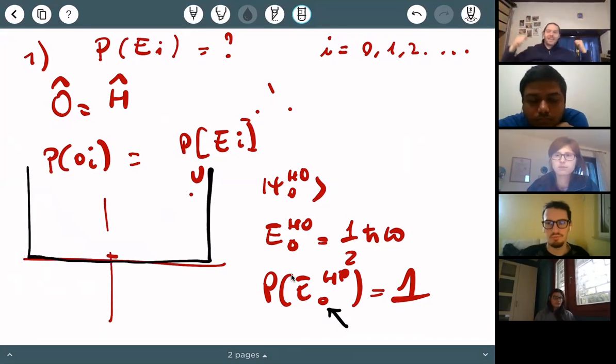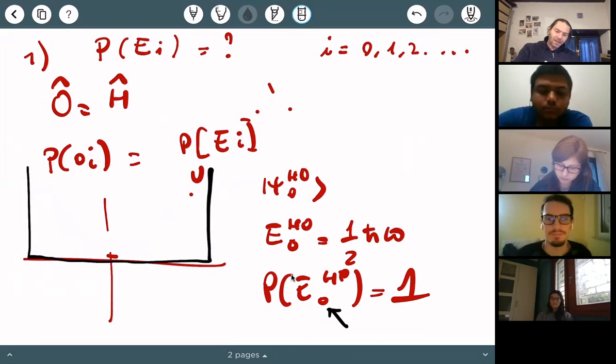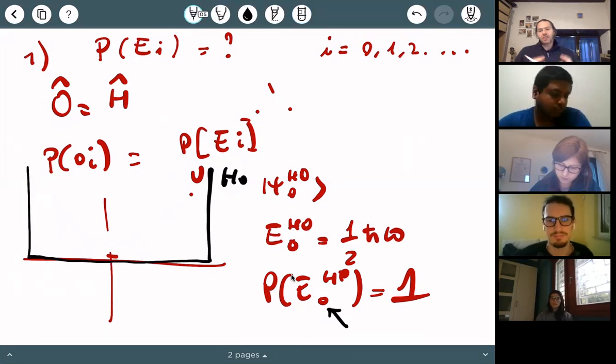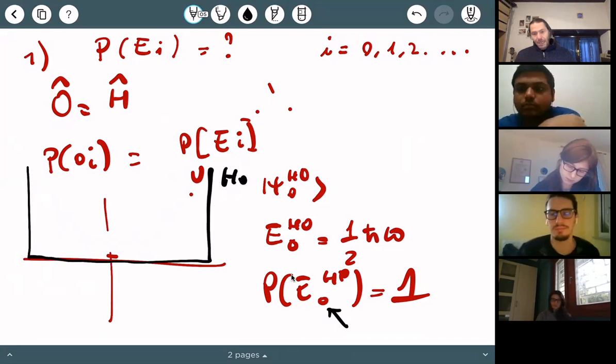So soon after I take away my trap, the Hamiltonian of the system is changed into a new Hamiltonian. So the state of the system has not changed because I changed the Hamiltonian. I didn't touch the particle. But I changed the Hamiltonian.